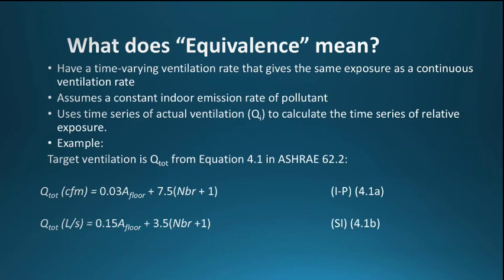The dumb ventilation rates, that's what's expected to happen every hour of the year, where NBR is the number of bedrooms, and A is the floor area, and you get a number that for a typical US home might be 0.3, 0.4 air changes per hour, depending, of course, on its size and details. But the principle of equivalence doesn't depend specifically on what the target rates are, so a different standard could do it differently.